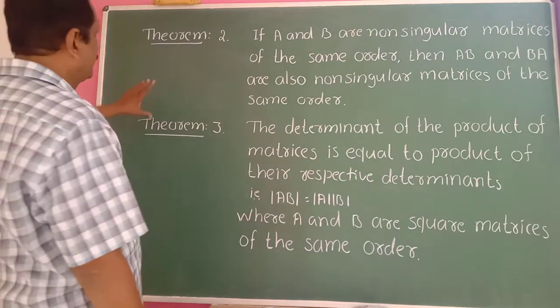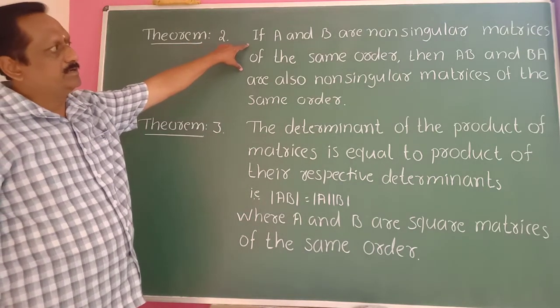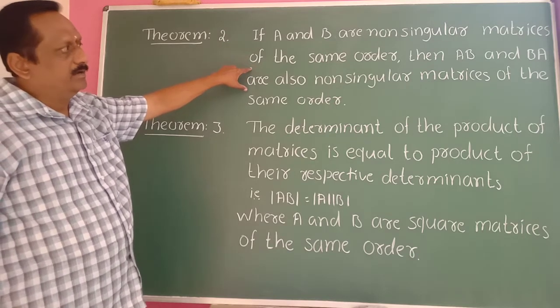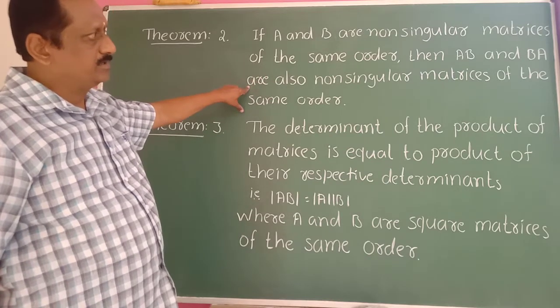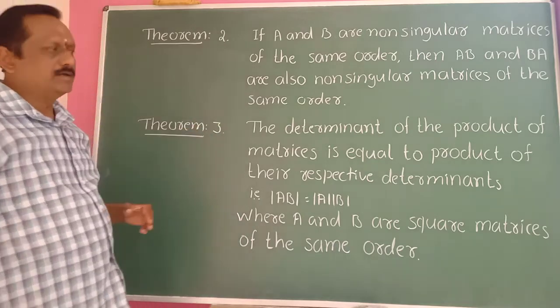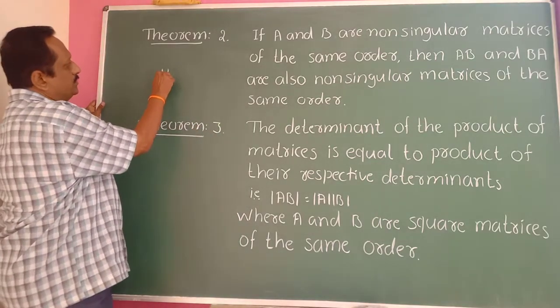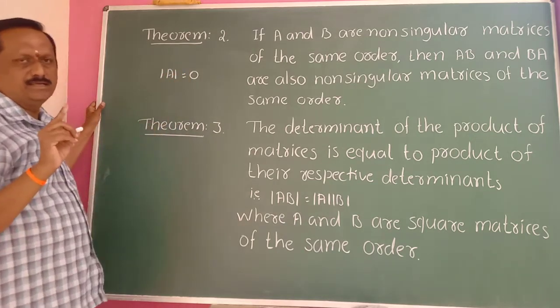Here, the second theorem: if A and B are non-singular matrices of the same order, then A into B and B into A are also non-singular matrices of the same order. Here two definitions are there. If the determinant of A is equal to 0, then it is said to be a singular matrix.